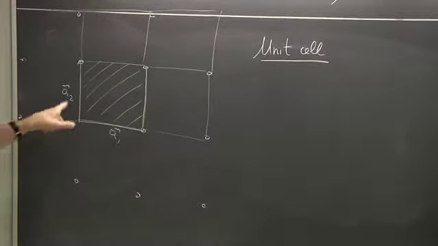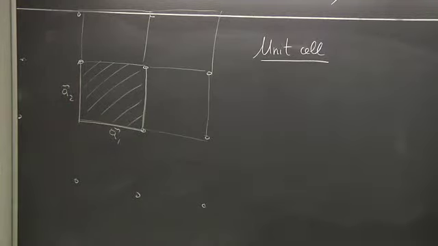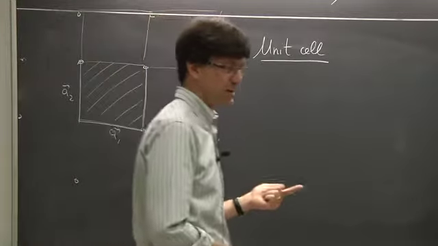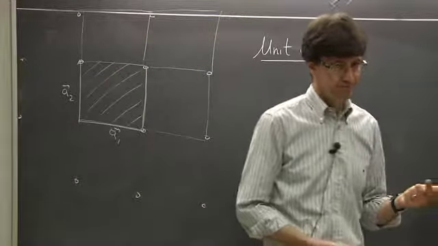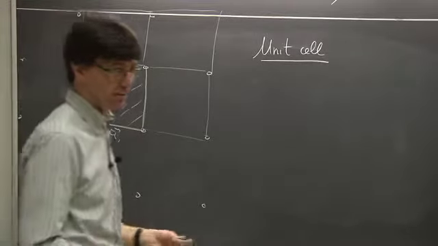So the beauty of this green area here is that if I translate it by all possible values of the Bravais lattice points, I cover the full space without overlaps and without leaving empty spaces. Okay? So this is exactly what I mean by unit cell.